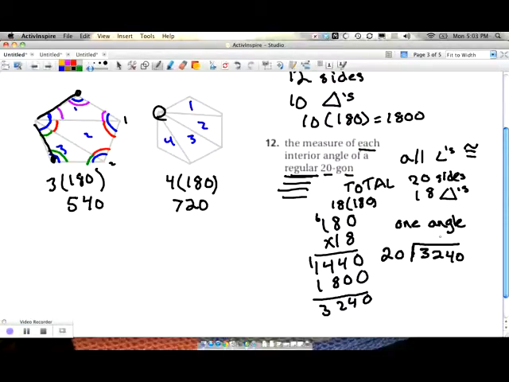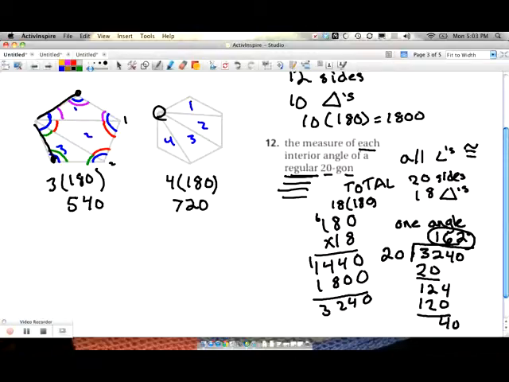It's the same as the number of sides, but it matters. So 20 goes into 32 once. We got 12 left over, 124. 20 goes into 124 6 times. That gives me 120. 20 goes into 40 twice. So each angle would be 162 degrees.